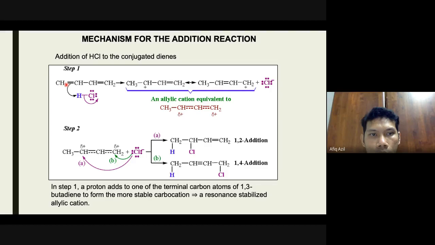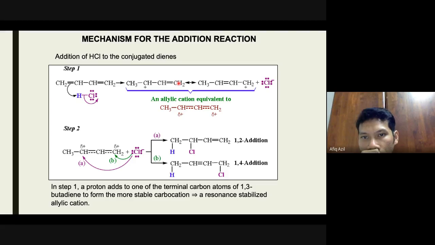Based on the normal rule, hydrogen will go to the carbon that has more hydrogens. So it will go to this CH2, since this one has only one hydrogen. Now it forms a carbocation intermediate.